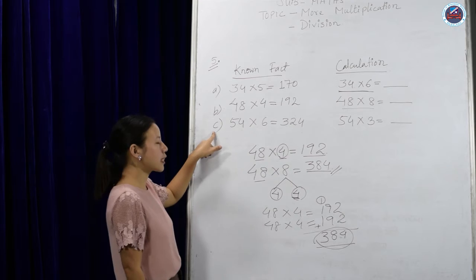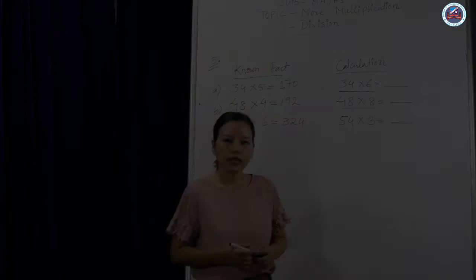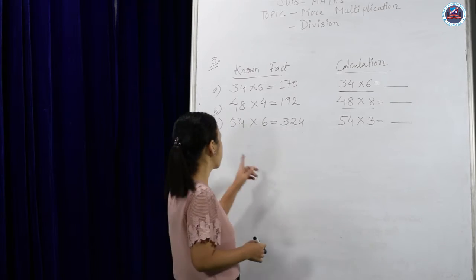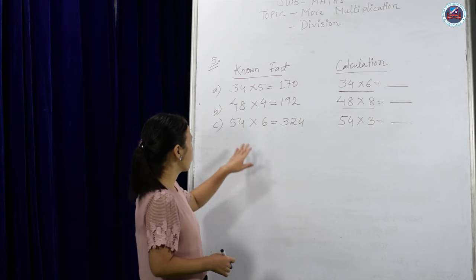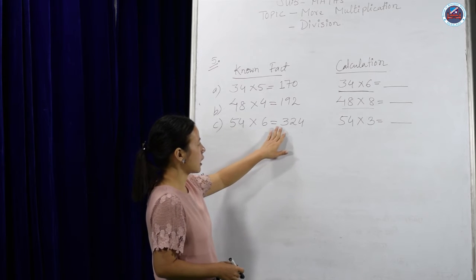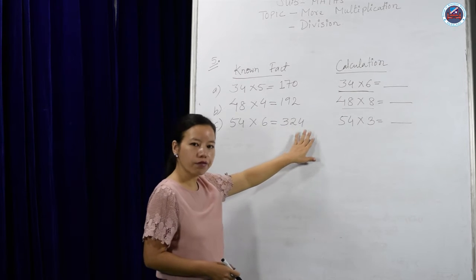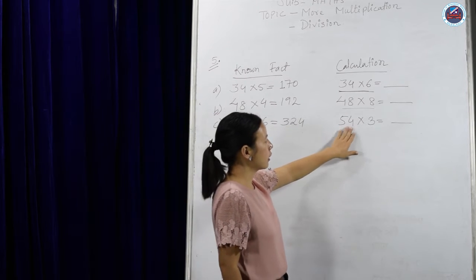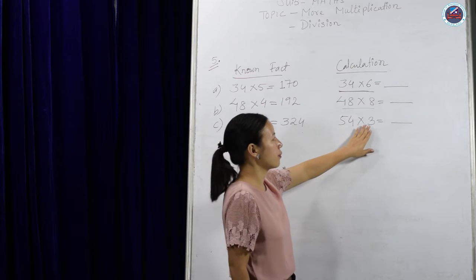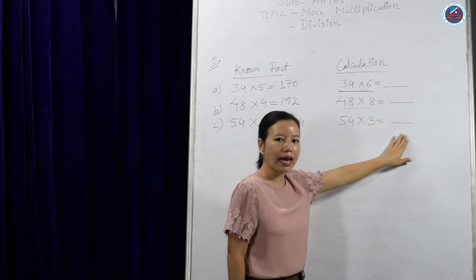Now we will go to this C question. Now let's do this third one, that is 54 times 6 equal 324. And then we're going to find for this 54 times 3 equal dash.